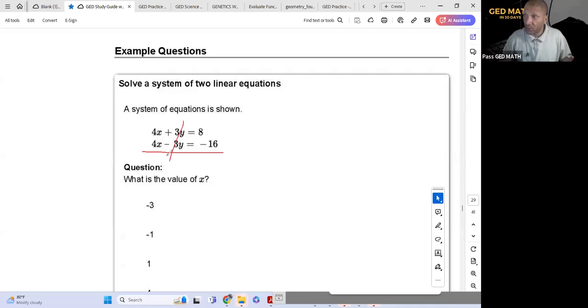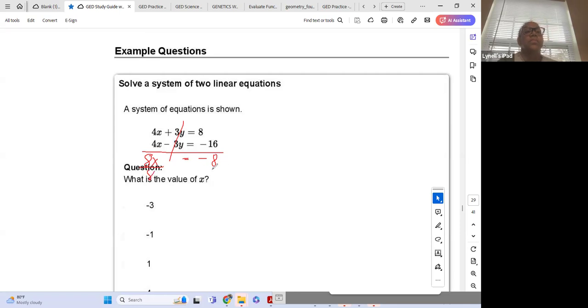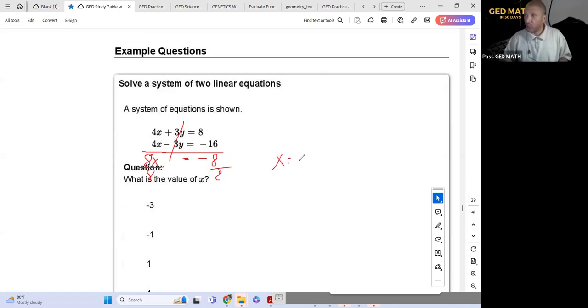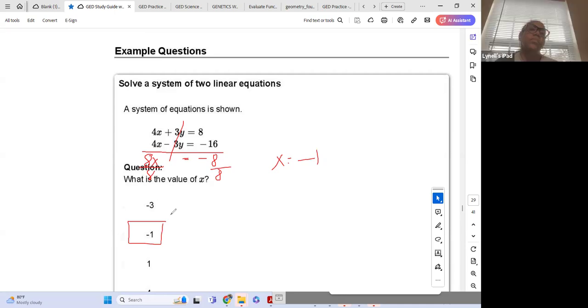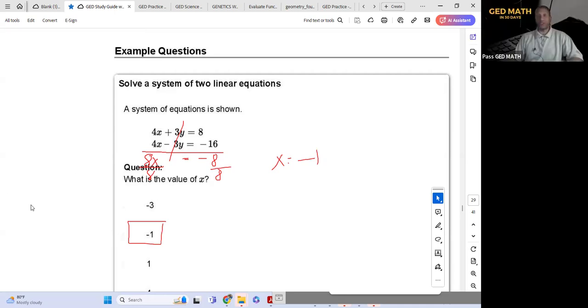They already cancel. So you get 8x equals -8. Divide both sides by 8, you get x equals -1. 15-second problem. You have to understand the concept behind system of equations. You must eliminate one of the variables. Okay.